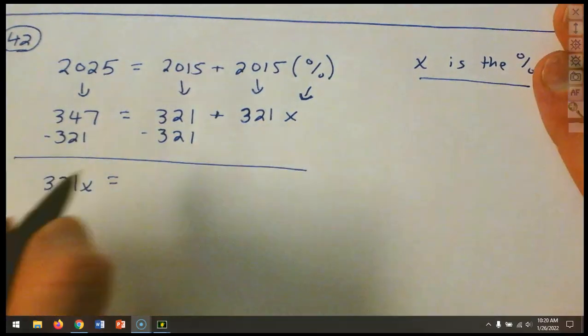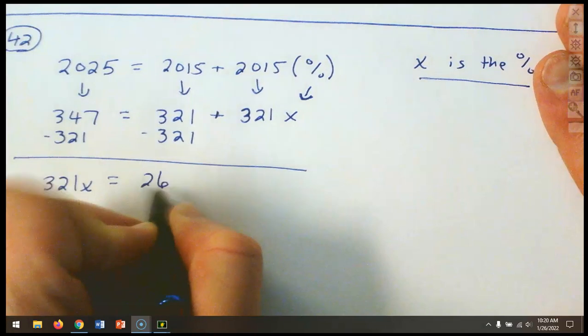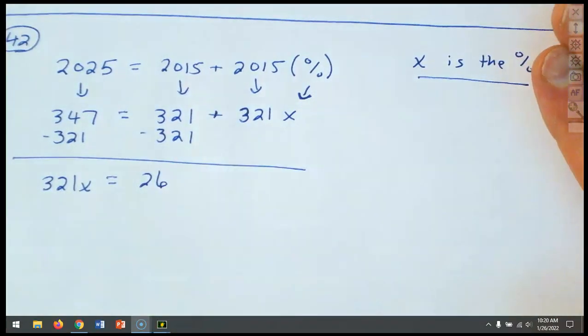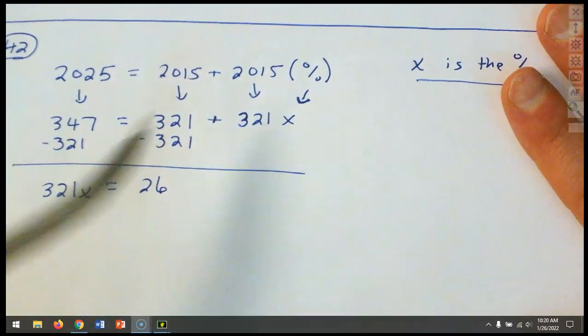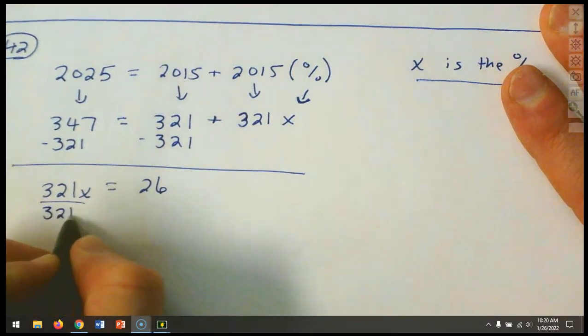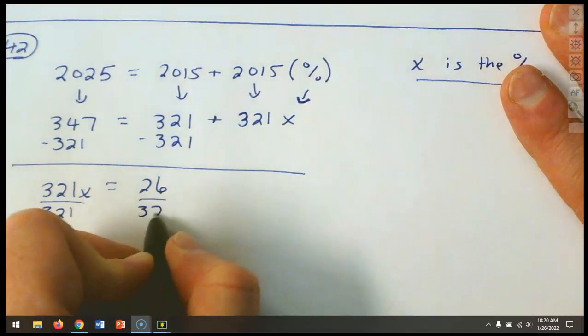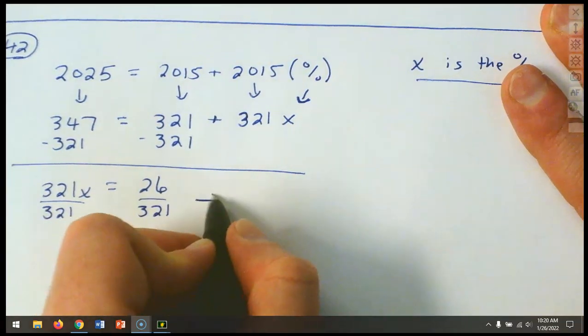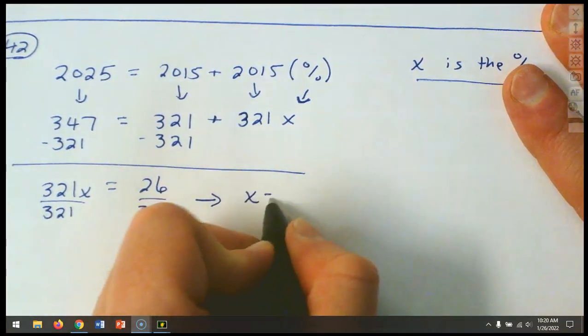And that comes out to now be 26. Right? So I just wrote the 321x on the left because I like to write it on the left. You could write it out in 2 steps, but I like to do it in 1. And now we can finish it by dividing by that 321.